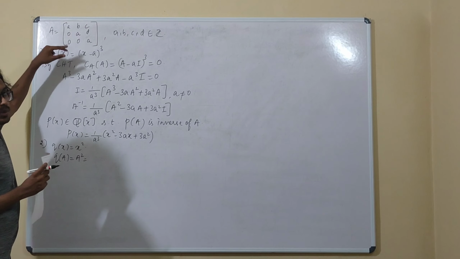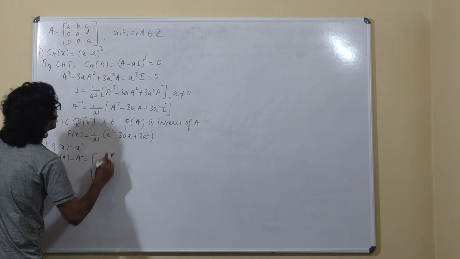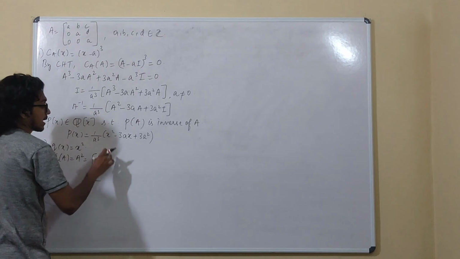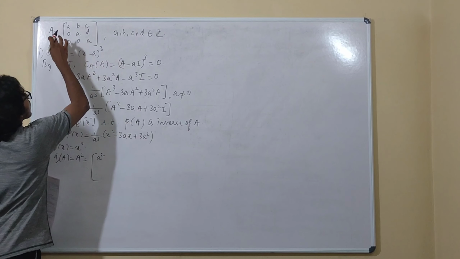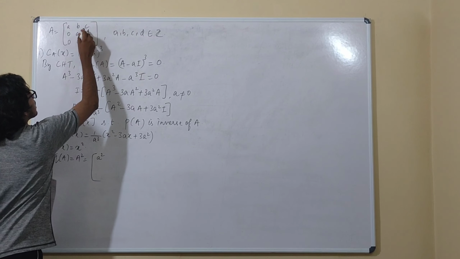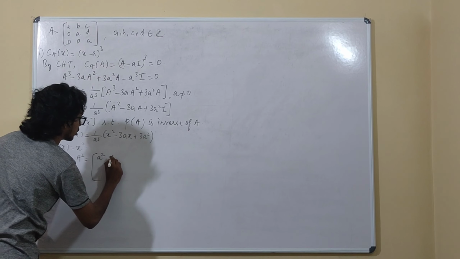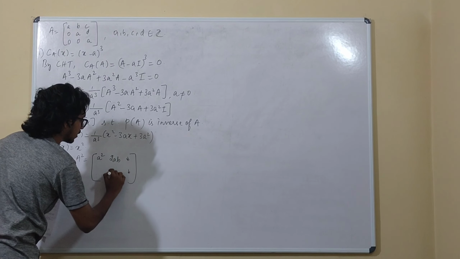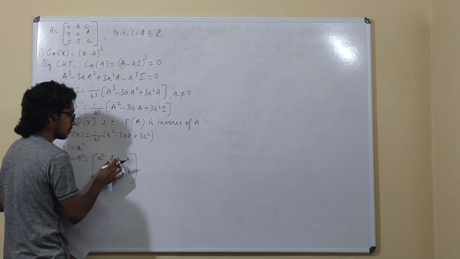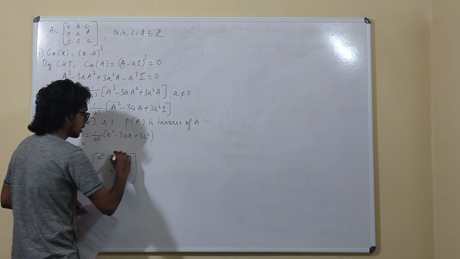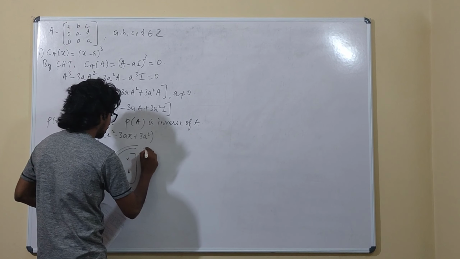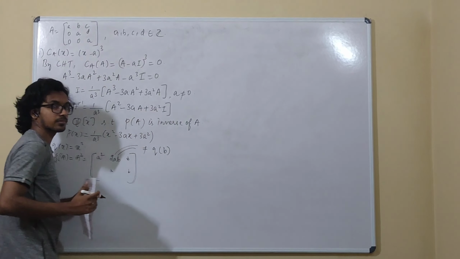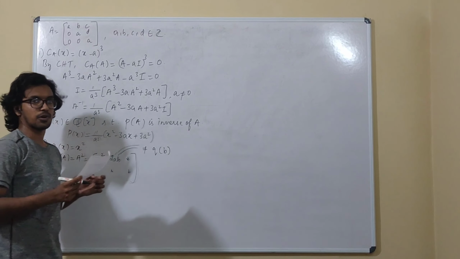When you multiply this one with this one, in the first row we are going to get a squared, and the second entry, this row multiplied with this column, we are going to get 2ab. As of now I don't consider the rest of the elements, only this I am considering. This is not equal to the given matrix. So option 2 is false.